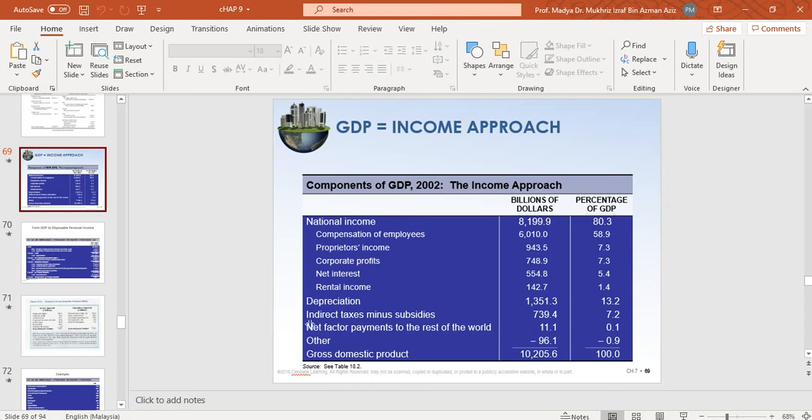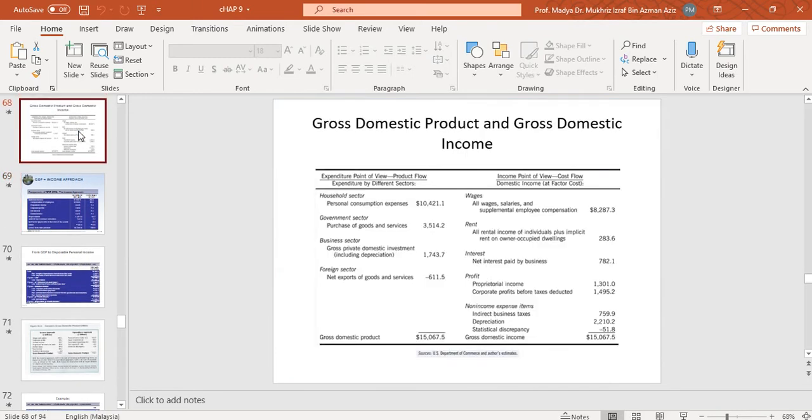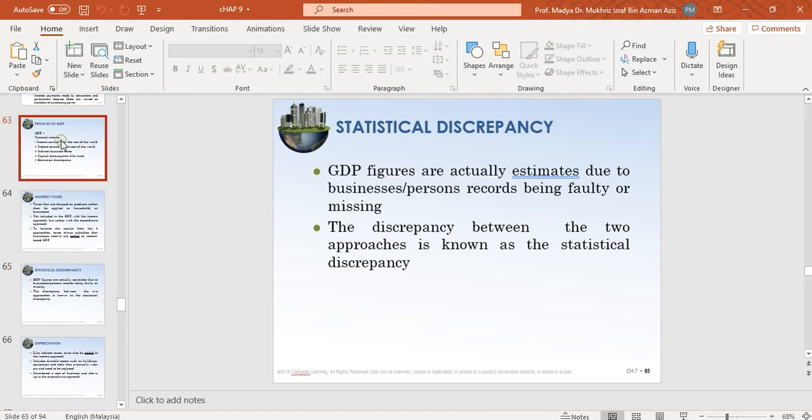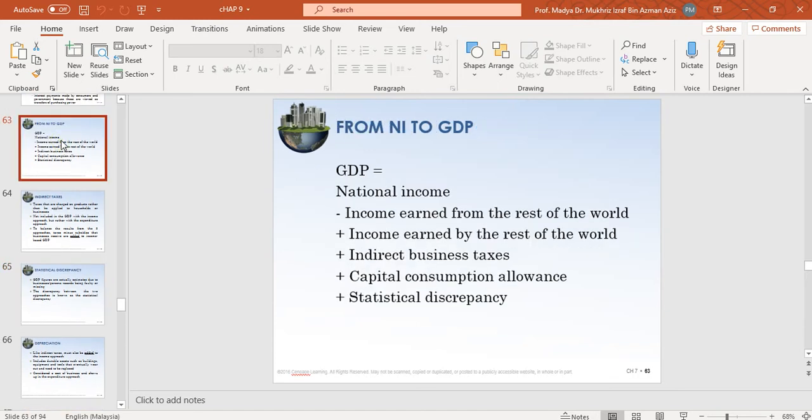When you see the word net, net means comparing from and by. This one just now: income earned from the rest of the world minus income earned by the rest of the world.